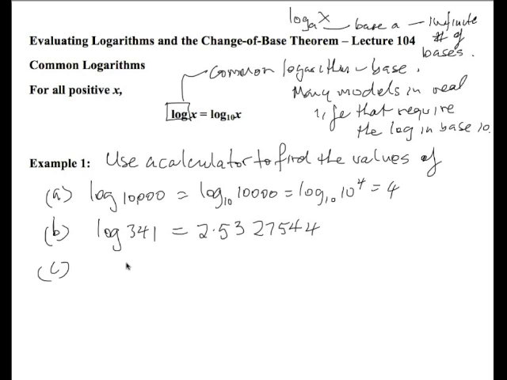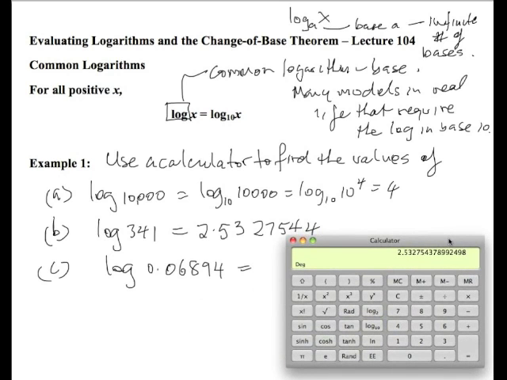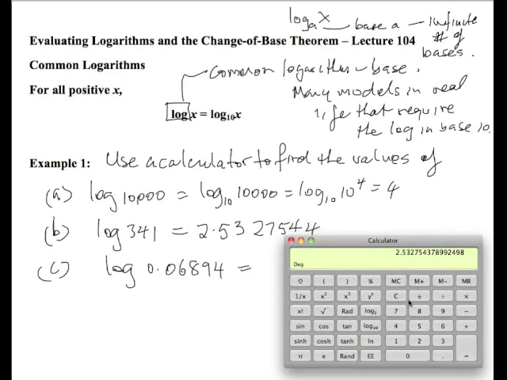All right, let's do part C. Let's suppose I want to find the log of 0.06894. Again, we put in 0.06894, and we hit log in base 10.